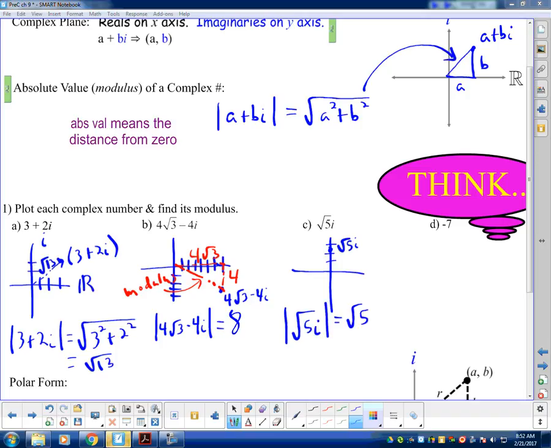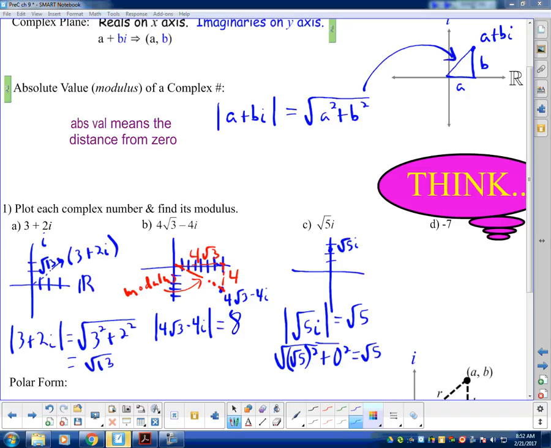Now, if you wanted to, you could use the formula. What you would have here, if you use the formula, is root 5 squared plus 0 squared, and that's going to end up being root 5. So if you're just on the axis, the modulus is just, remember, distance from 0.